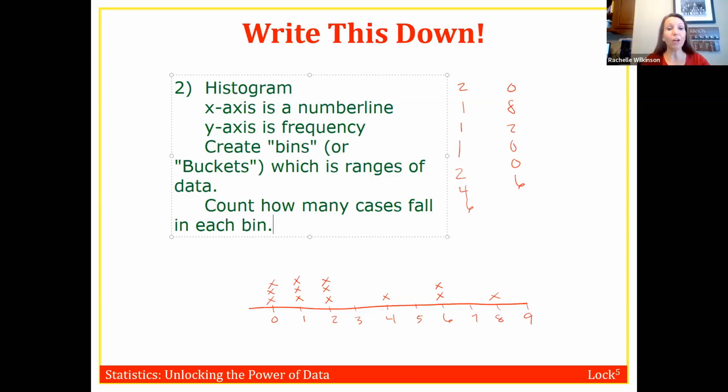Then we're going to create our graph. We're going to draw a bar. The sides of the bar are going to be determined by the upper and lower bound of the bin, and the height of the bar is going to correspond to frequency.